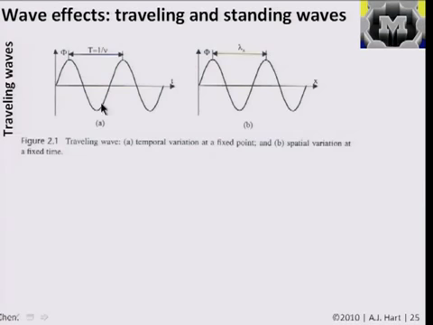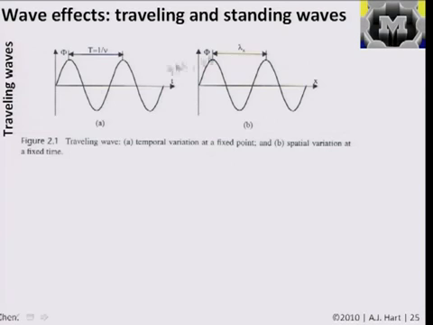So a traveling wave is a wave whose intensity varies both in space and time. You could think of looking at a traveling wave as standing fixed in space and looking at how the wave is varying in time, or standing at a particular instant in time and seeing that the wave is varying in a spatial fashion.